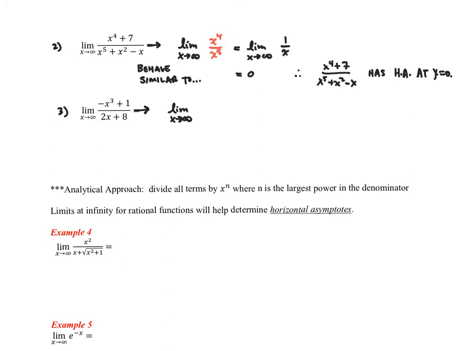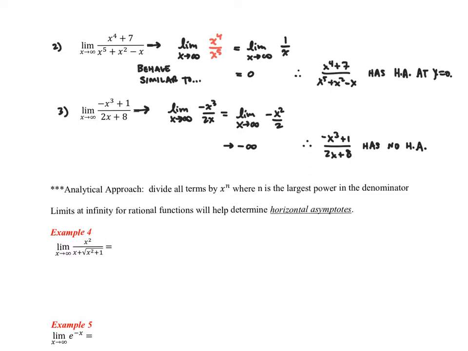Those are relatively insignificant in the long run, so I'll have negative x cubed over 2x, which will be equivalent to the limit as x approaches infinity of negative x squared over 2. Now this limit will not have a real value. It will approach negative infinity. Therefore, the function negative x cubed plus 1 over 2x plus 8 has no horizontal asymptote because the limit as x approaches infinity does not exist.